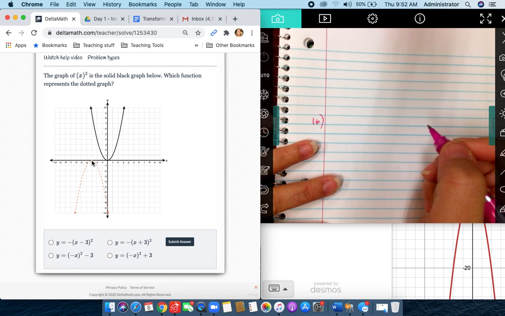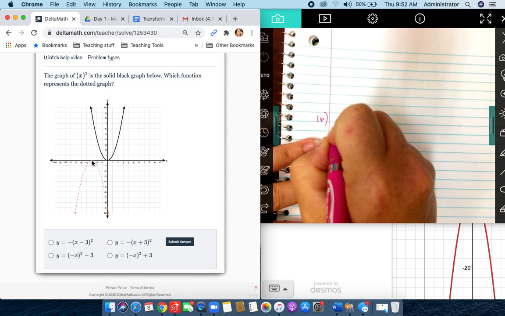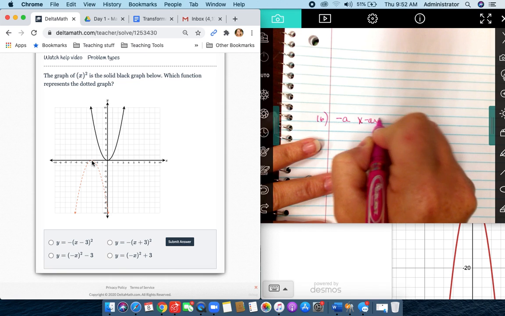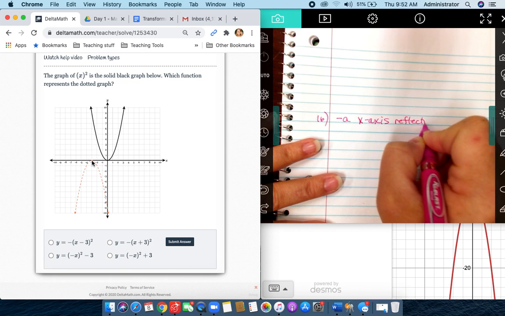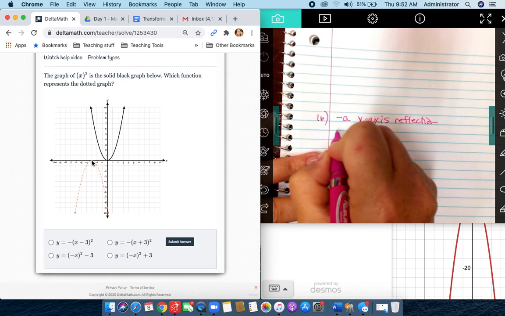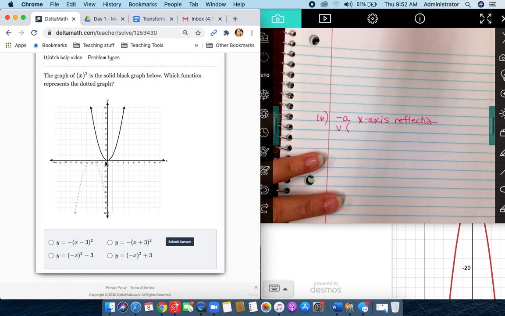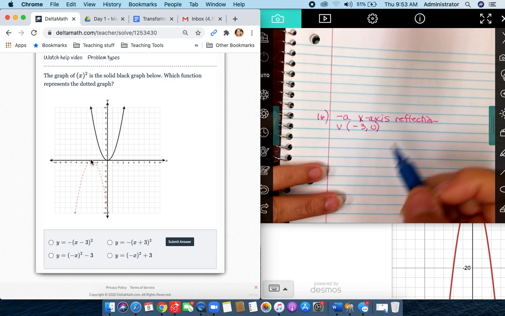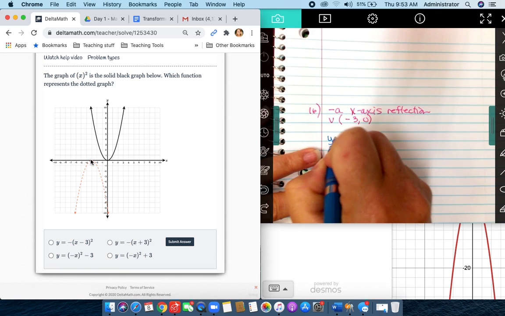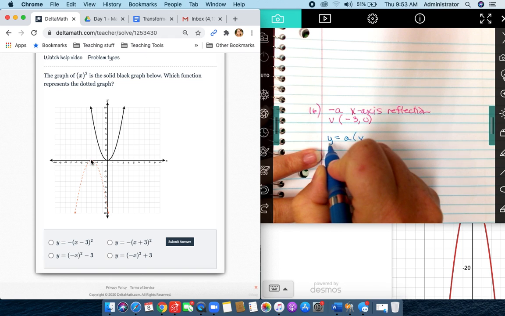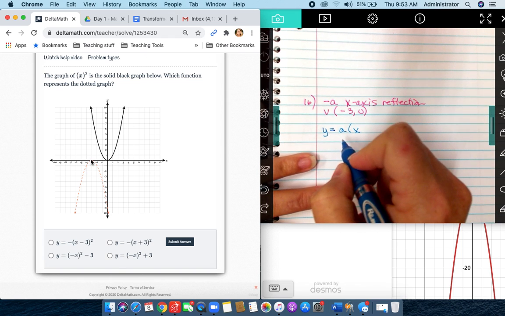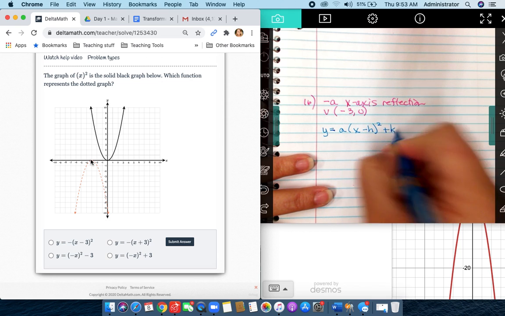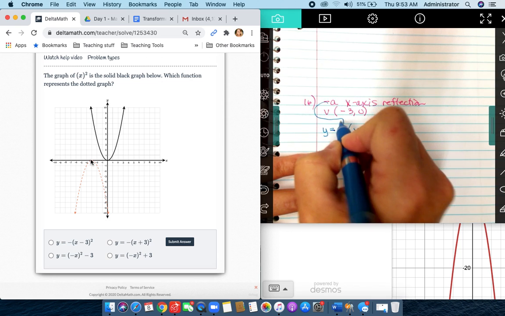So if I'm on 16 and I know that it opens down, I need a -a because I have an x-axis reflection. And I also know that my vertex is the ordered pair -3, 0. So if I'm trying to identify the function, and I know that I have to have it in transformation form, or also known as vertex form, y equals a times the quantity x minus h squared plus k, then my a value is going to be negative here.